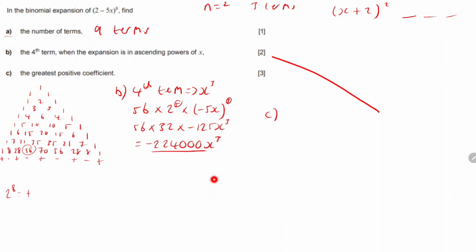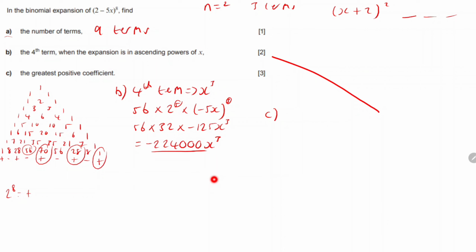So that last term is going to be positive as well. That's because it'll be minus 5x to the power of 8. And if you raise minus 5 to the power of 8, it'll become a positive quantity. So we suspect that the biggest coefficient here is going to be the middle term, or the 7th term, or possibly the last term.